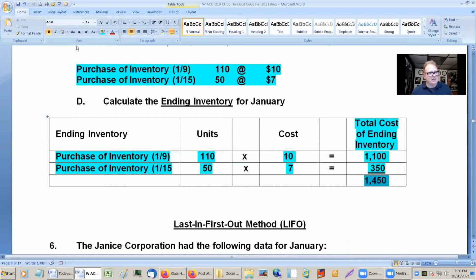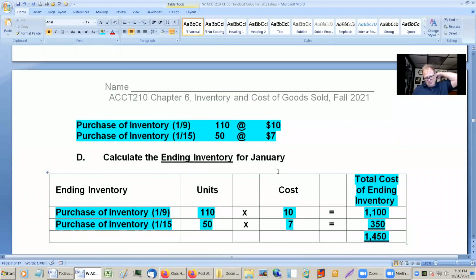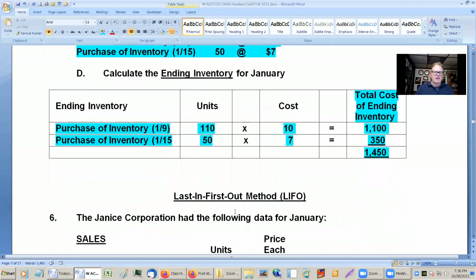Yeah, this is straightforward, it's tedious. Just to give you a heads up, next week we're going to start doing last in, first out, which assumes the last one in is the first one sold, and I'll save why we do that for next week.